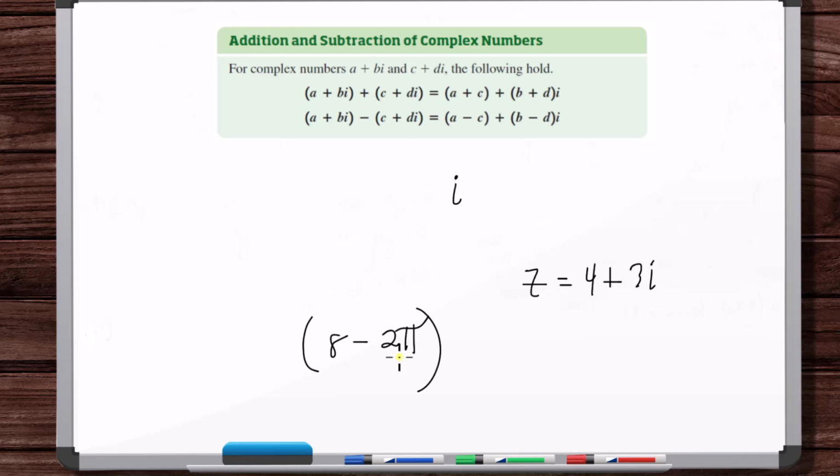It's important for you to realize that's really how you're going to look at i. It's like any other number. There's nothing to be worried about when you see a term with an i in it and think, I'm supposed to do something different with this than I would with another number. Absolutely not.